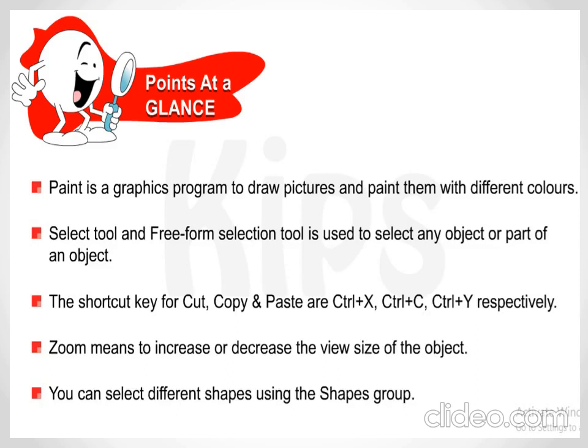The select tool and free form selection tool are used to select any object or part of it. What are the shortcut keys for cut? Control plus X, copy is Control plus C, and paste is Control plus V, respectively.